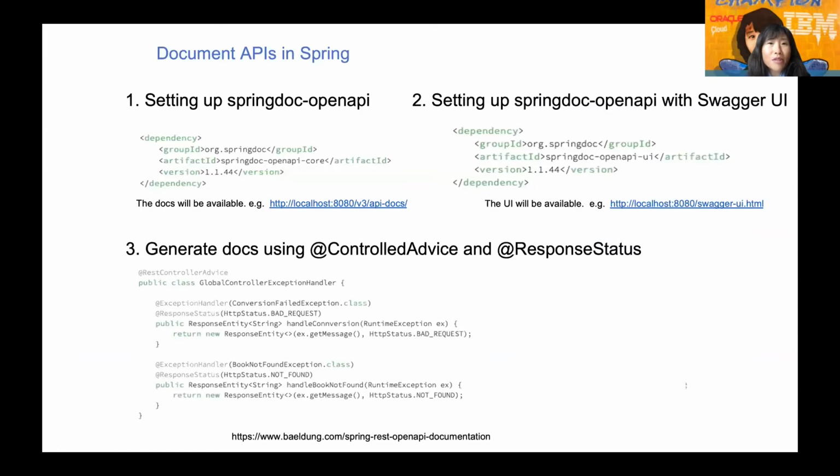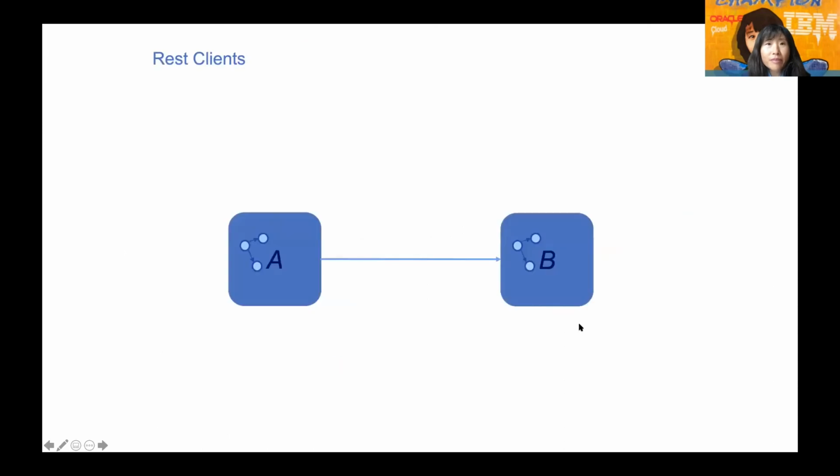In Spring Boot, you set up SpringDoc OpenAPI, and it also adopts Swagger UI, and is capable of doing Swagger UI as well. So you can add this dependency, and then it can automatically generate docs using controller advice and response status as well. So this is pretty much equivalent.